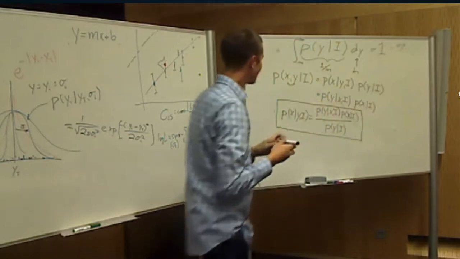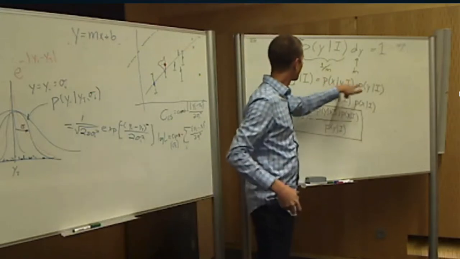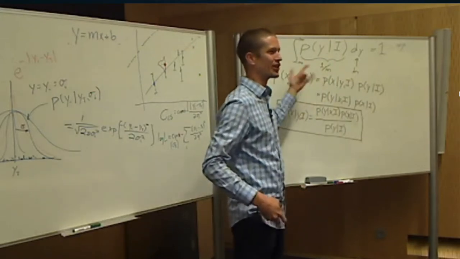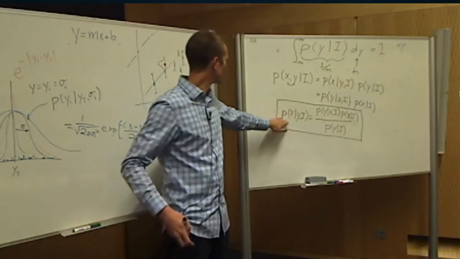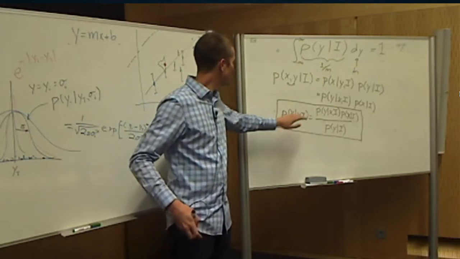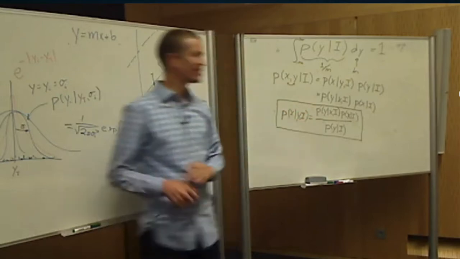It's somewhat intuitive. It's just basically saying that joint probability is symmetric. It's another way of saying that. And this is known as Bayes' theorem or Bayes' rule. So anytime you do a Bayesian model fitting, it's basically built on this right here.